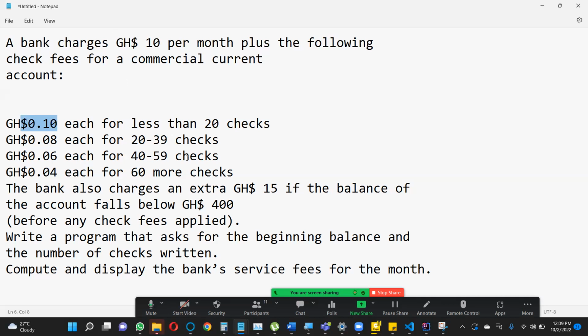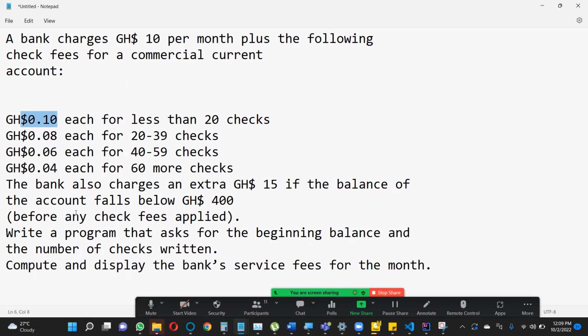Now, if my bank balance falls below 400 Ghana cedis, then they will charge me 15 cedis because my bank balance has fallen below 400 Ghana cedis.